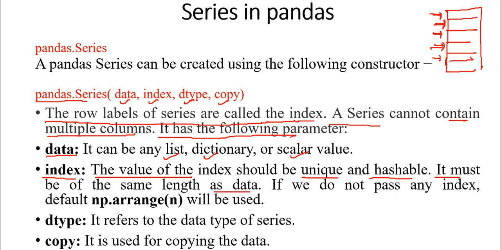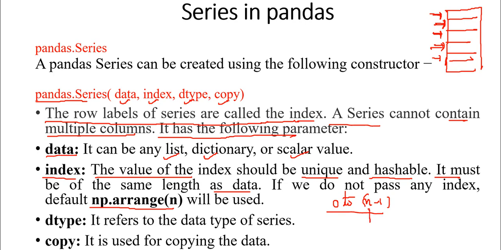Whatever the number of rows, that many index labels should be there. If you don't pass any index, the default index will be 0 to length minus 1, that is np.arange(n), which means values 0 to n minus 1.